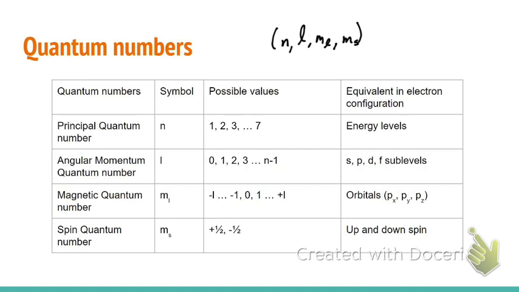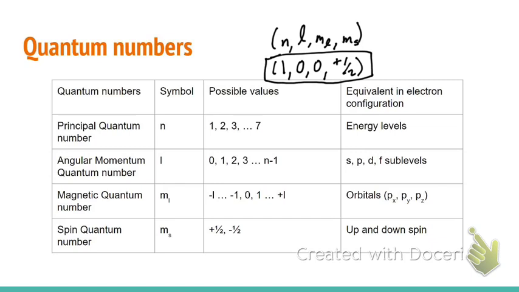Oftentimes for each electron we can do 1s1, 1s2, that kind of stuff. We can also represent them using these quantum numbers. So you might see something like 1, 0, 0, plus 1/2. This number is kind of like an address.